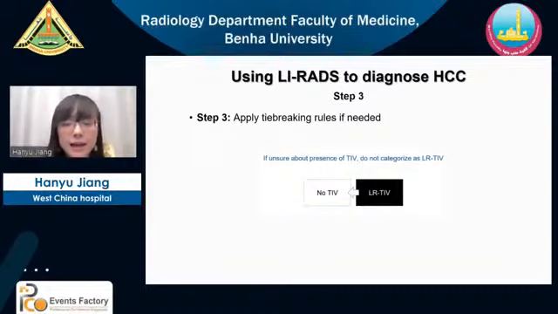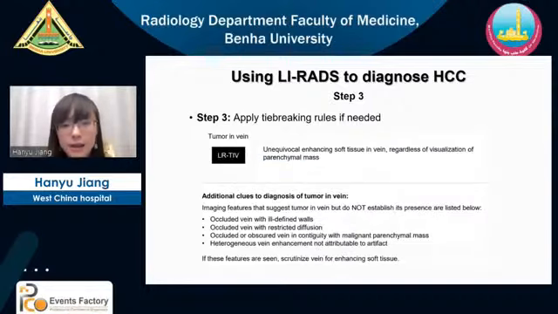So let's look at the TIV category first. If we are unsure about the presence of TIV, we do not want to categorize as a TIV. And let's take a closer look at what a TIV, tumor in vein, is. That is unequivocally enhancing soft tissue in vein, regardless of visualization of parenchymal mass.